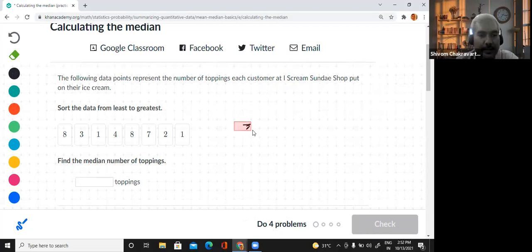Yeah. So when you arrange in ascending order, there are 1, 1, then there is 2. Then 3, only one 3. Then there is 4 and only one 4.